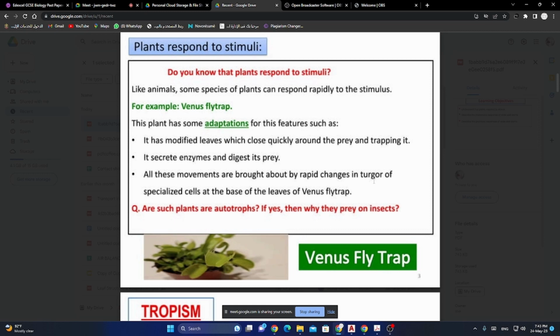In order to function properly. So for this plant, the soil doesn't have enough nitrogen for it to stay alive and function properly. So in order to avoid any problem, the plant gets that nitrogen from insects or other living organisms instead.